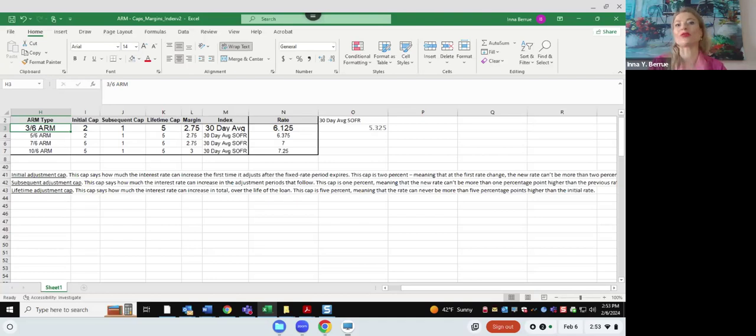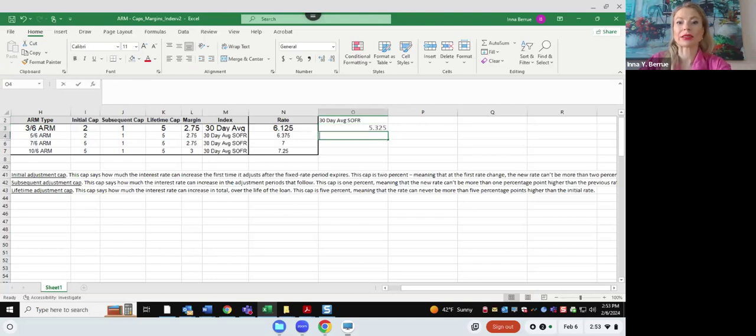Right now, let's say, for example, those 3 years just expired. I need to now tell you what your rate is going to be. It's going to be SOFR for today, which is 5.325, plus a margin.